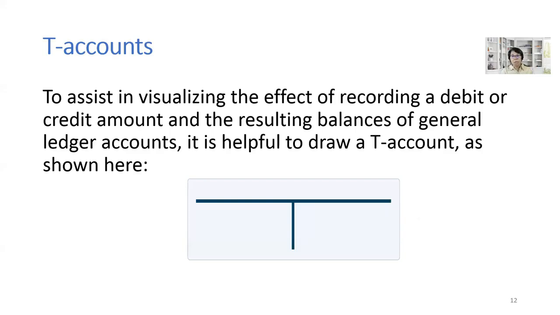Okay, so we're going to talk about T accounts. This is how you learn accounting. If you already took it, you knew this, but it's just a temporary way to record information, and it's also a way to teach accounting. T accounts are used to teach accounting. It's called a T because it looks like a T, a vertical line and a horizontal line.